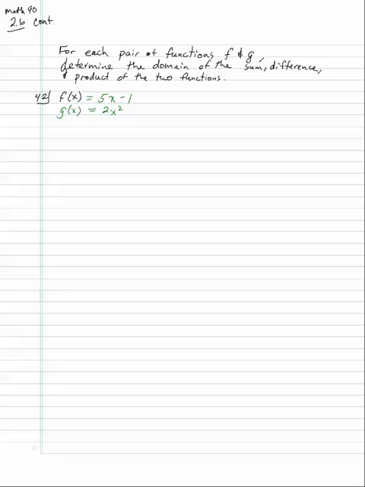So the domain of f is the set of all real numbers, and the same for g. Their overlap would be all real numbers. So the domain of f plus g, f minus g, or f times g would be the set of all real numbers.